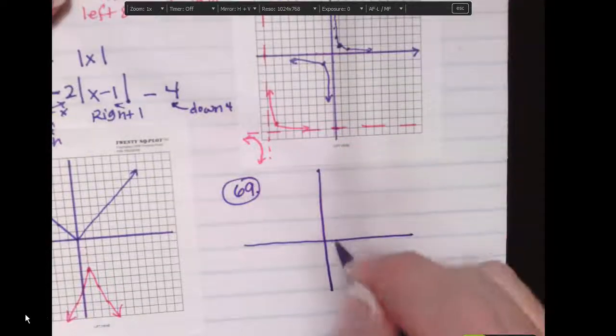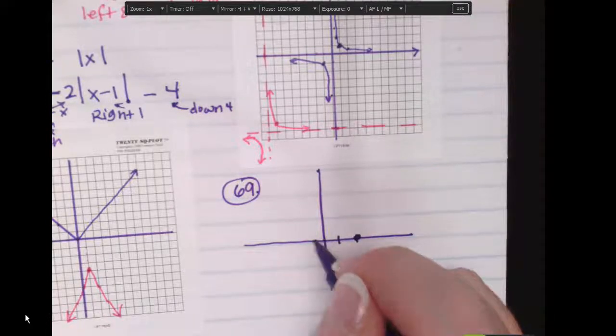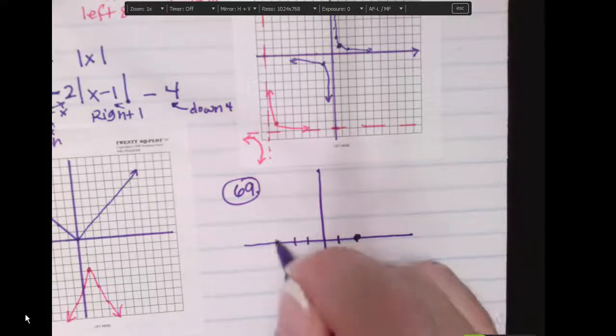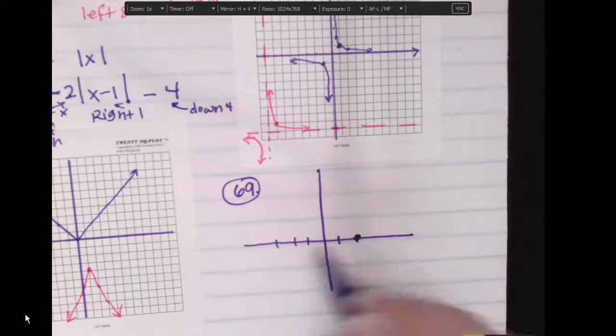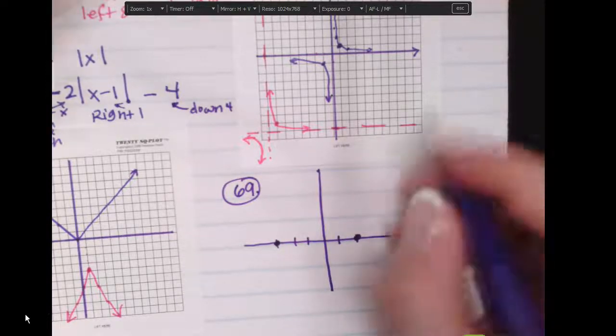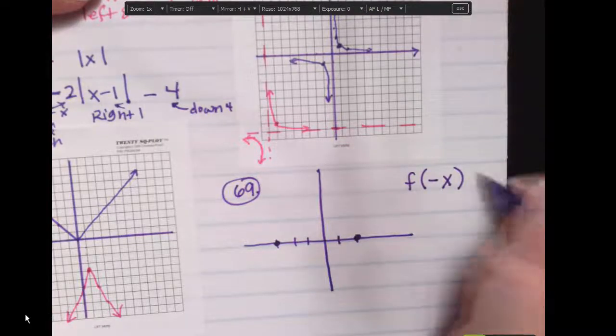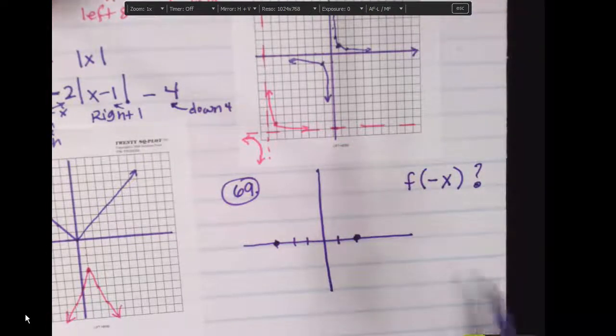Okay, so if I have some kind of a graph that has x-intercepts at 2 and negative 3, and then f of negative x, I want to be able to know where are the x-intercepts for that one.